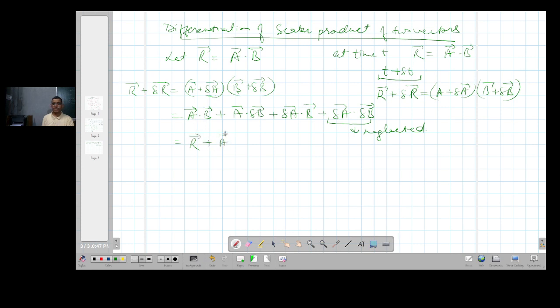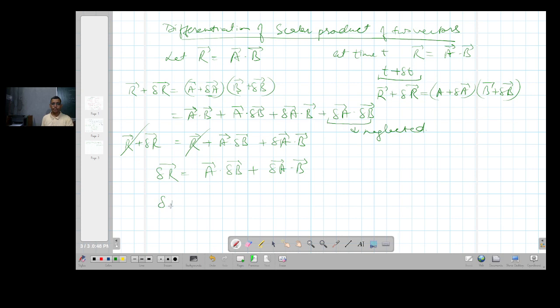So it is a dot delta b plus delta a dot b. That means r plus delta r is equal to this, so this r will cancel out. Therefore delta r can be written as a dot delta b plus delta a dot b.